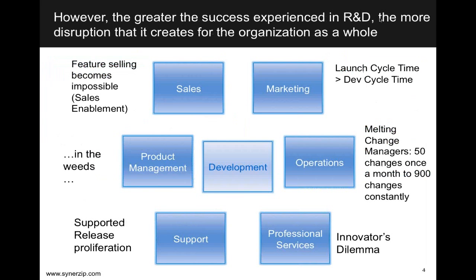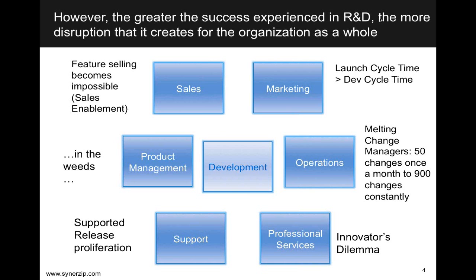Unfortunately, the greater the success in development, the more disruption typically that creates for the organization as a whole, both upstream and downstream from development. Here's just a few examples of what I'm talking about.